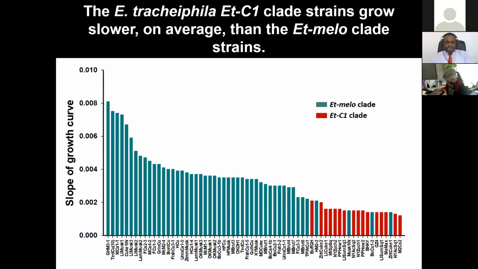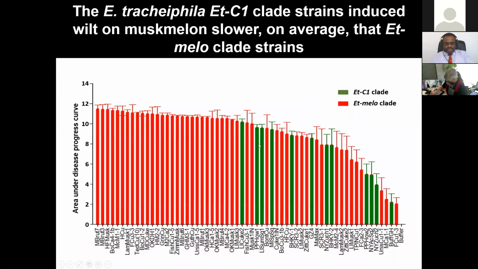And we also found that the squash strains grew slower on average than the melon strains. This is consistent with the finding that the squash strains induce wilt slower than the melon strains on melon. So these were all the differences we found between the strains in these two clades.